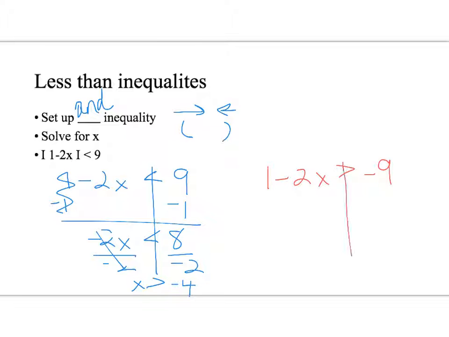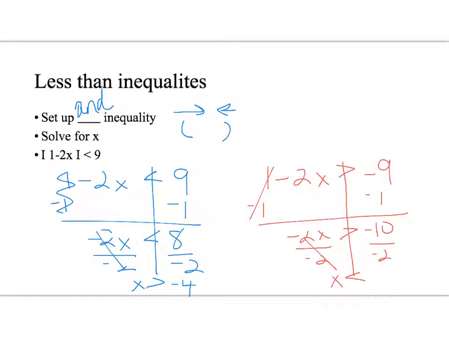Over here in red, you would subtract 1 from both sides. Get negative 2x is greater than negative 10. And then turn around and divide by negative 2. When you divide by a negative, it will flip your inequality to a less than. And then negative 10 divided by negative 2 is positive 5.